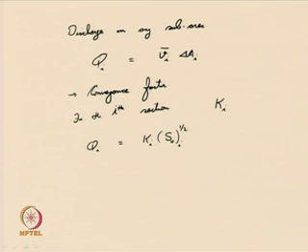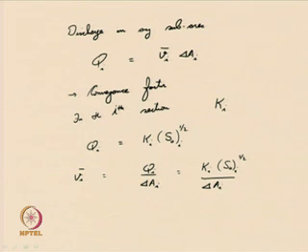So, if you obtain it like this, now you know Vi bar is equal to Qi by delta Ai, right. So, this is nothing but Ki into S naught i to the power of half, divided by delta Ai.